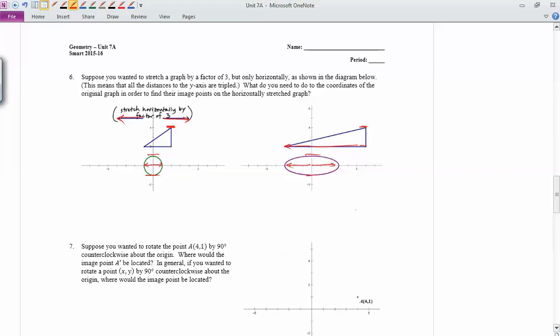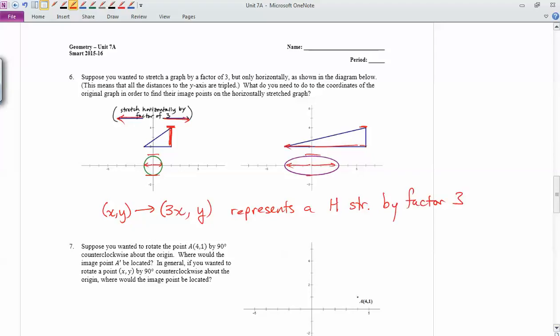So really when you want to stretch something out just in the horizontal direction, the only things that are going to change are your x values. The y's stay the same. So I'm going to make all my x's 3 times as big, and all my y's I'll keep the same. So this represents a horizontal stretch by factor 3.